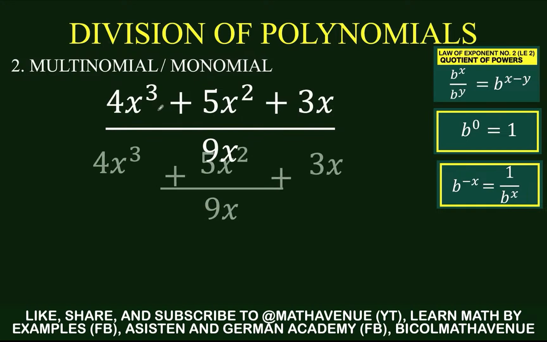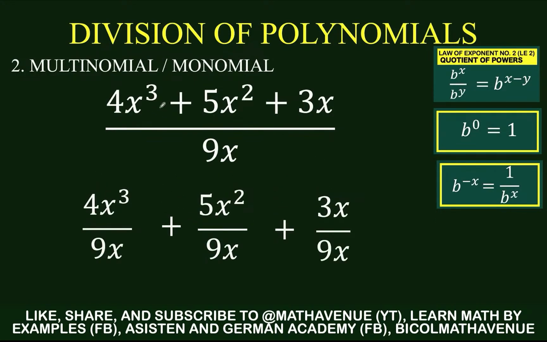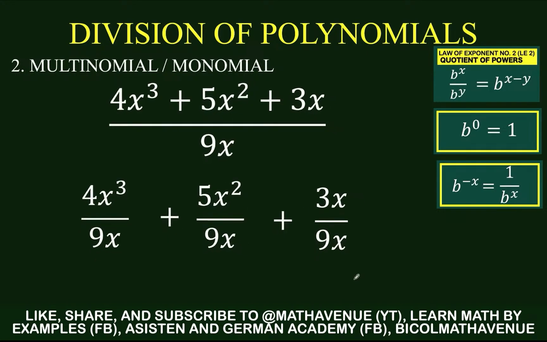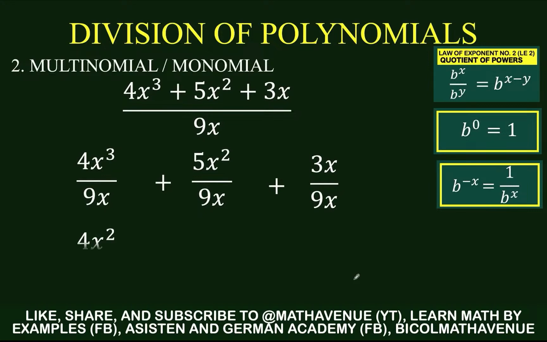So this is now what will happen. Each one of these terms in the numerator is now divided by the monomial denominator. Then the rest is just simplifying this. 4x cubed divided by 9x is 4x squared over 9 because we subtract the exponent 3 minus the exponent 1 here to get x squared. 5x squared divided by 9x is equal to 5x over 9.